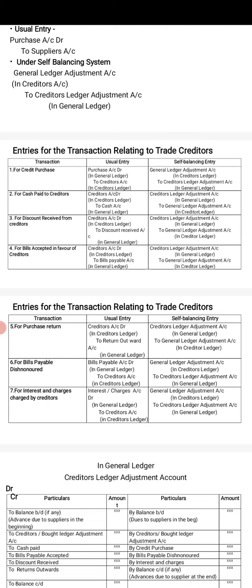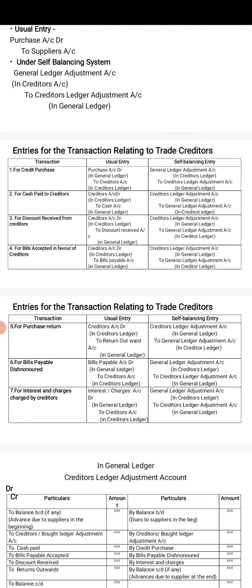Sixth entry, for bills payable dishonored. Bills payable account debtor to creditors account, normal entry. Self-balancing: general ledger adjustment account debtor to creditors ledger adjustment account.